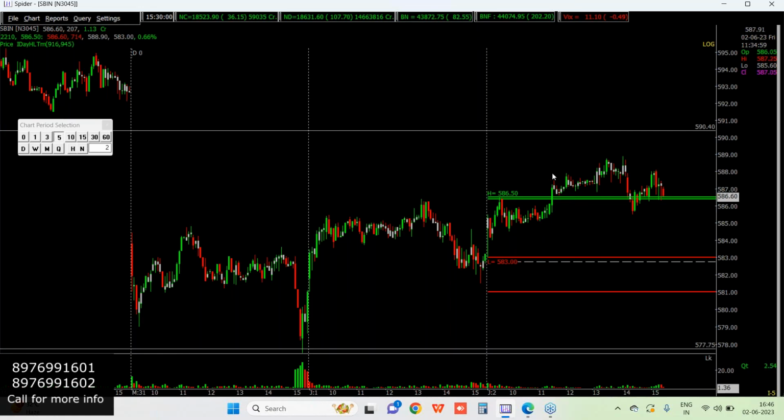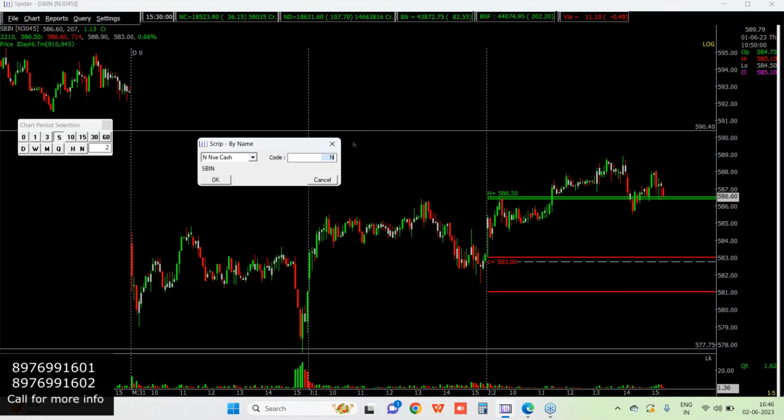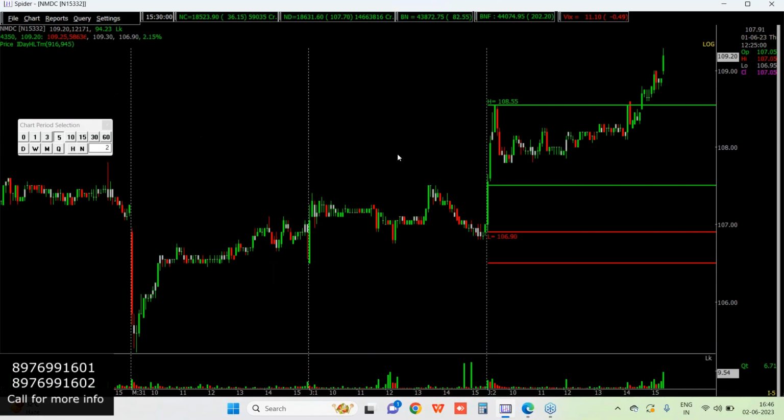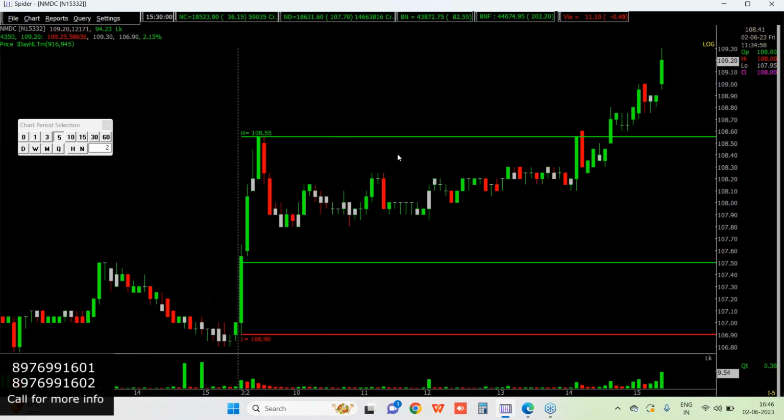So you can share your stock names, and then I'll show you on the intraday time frame. We got NMDC. Here you can see if I mark from the first candle to the second candle, whenever there's a breakout, we start to get a rally.